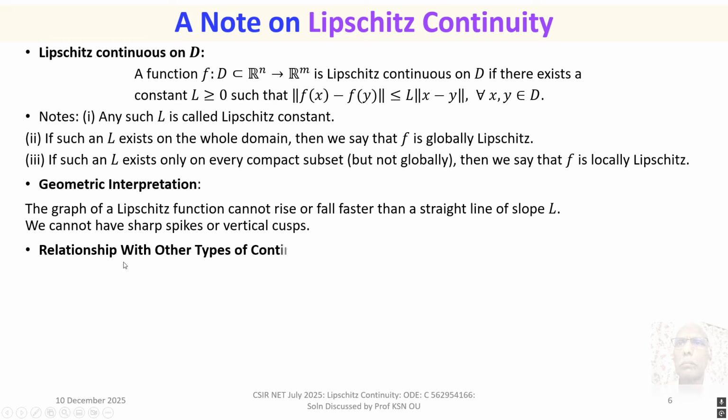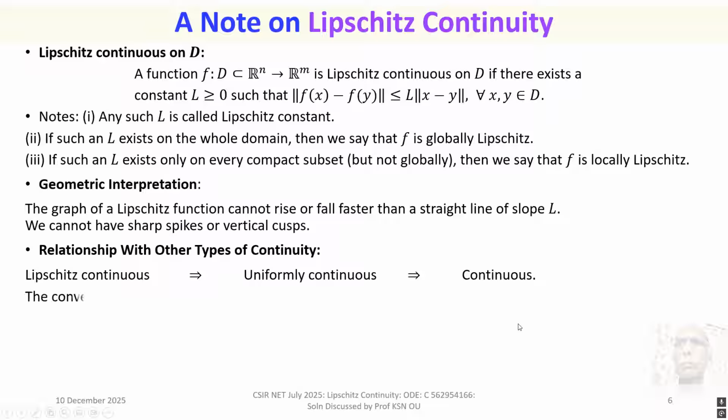What is the relationship with the other types of continuities? A function f is Lipschitz continuous implies f is uniformly continuous implies f is continuous. But the converse is not true.